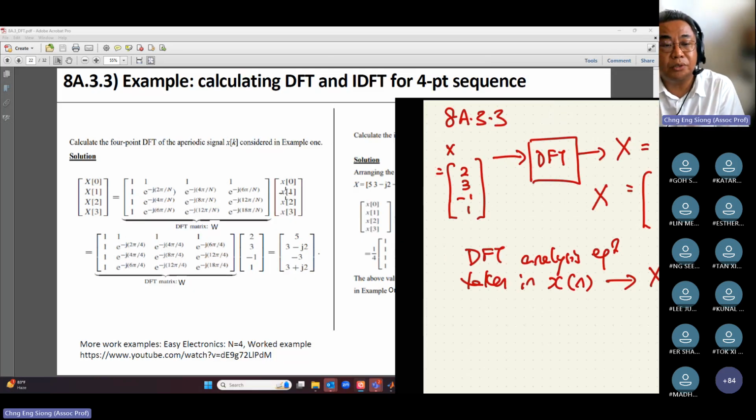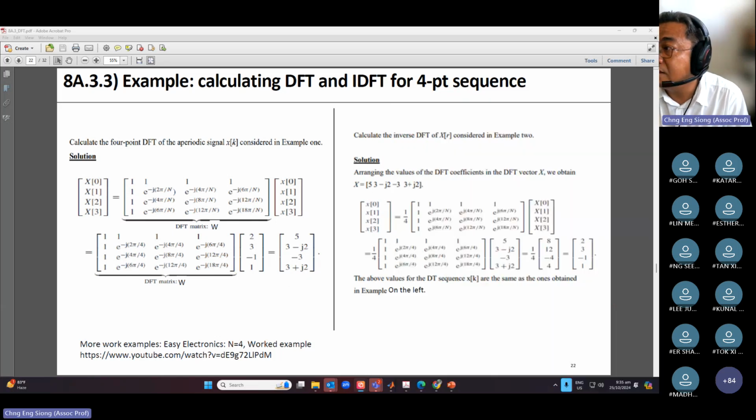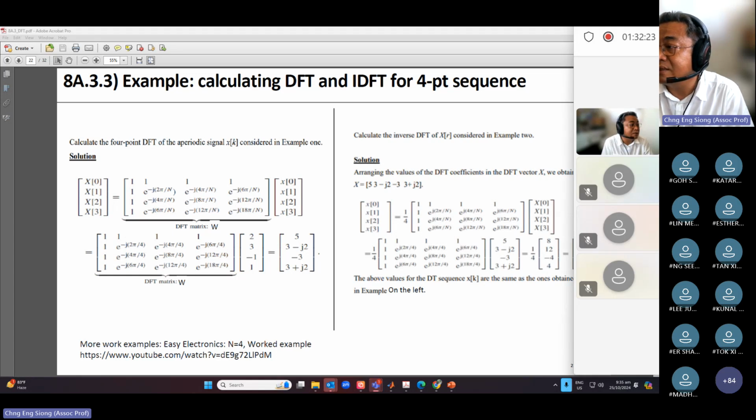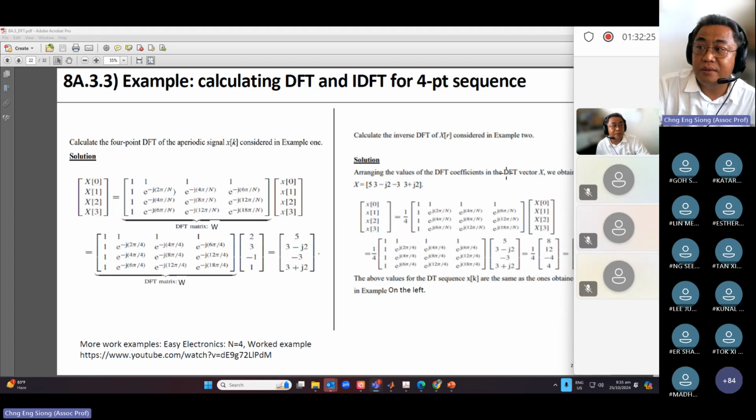You know how to fill up this matrix, everything is done. Is this clear so far? Shahu asked, show me a question using DFT. This is the question. I give you small x, I ask you to find big X.